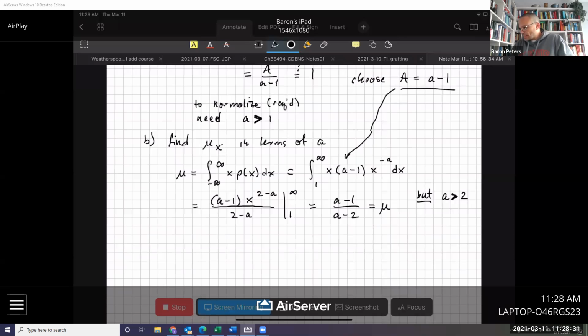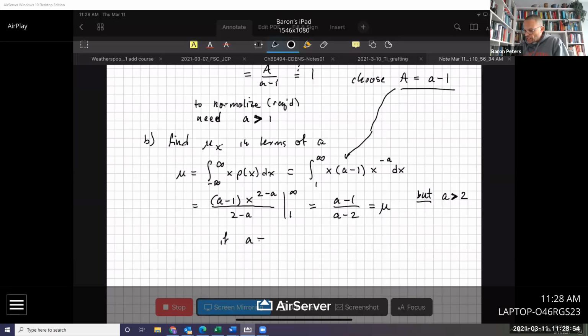All right. So now when we did our calculation of the mean, the average, we learned that a had to be greater than 2 for that average to exist. Now, what does it mean if I have a distribution with something like, let's say we put in 1.5 for the parameter a?